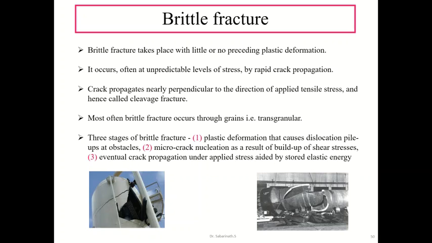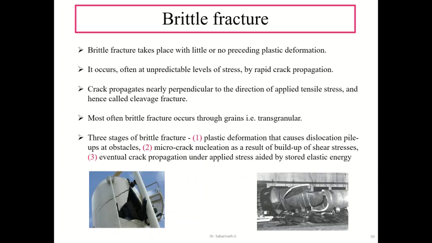So it's a sudden process. It occurs often at unpredictable levels of stress by rapid crack propagation. If not studied, we cannot predict when the material is going to break or crack.